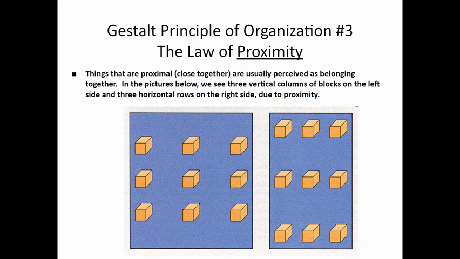Proximity: things that are closer together are usually seen to belong. We see these vertical columns and horizontal columns because of proximity, because they're closer together, either vertically or horizontally, and that's how we perceive them as grouped.